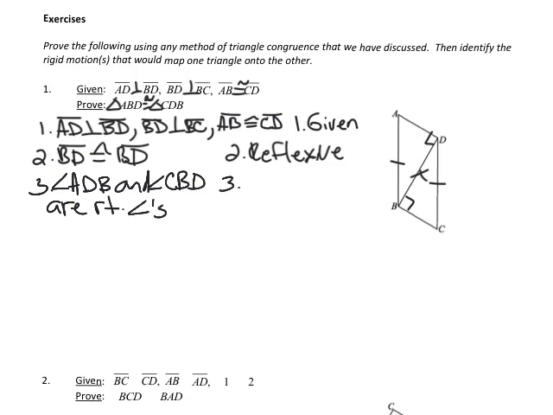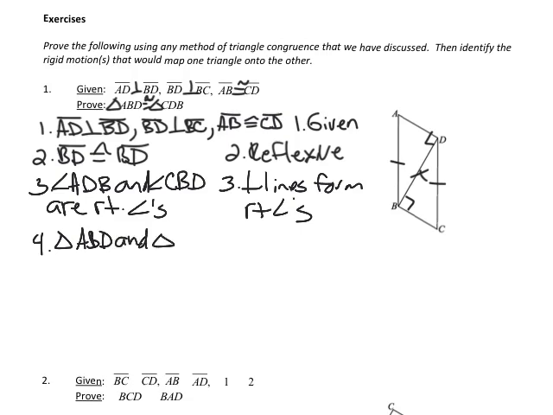That's because perpendicular lines form right angles. Now I can go back and say that triangle ABD and triangle CDB are right triangles.